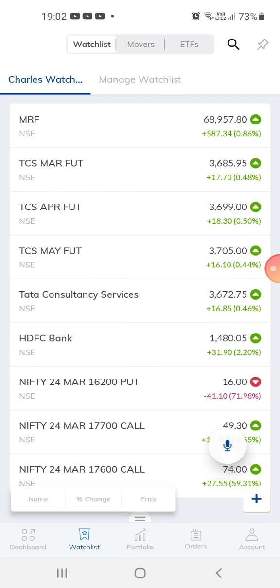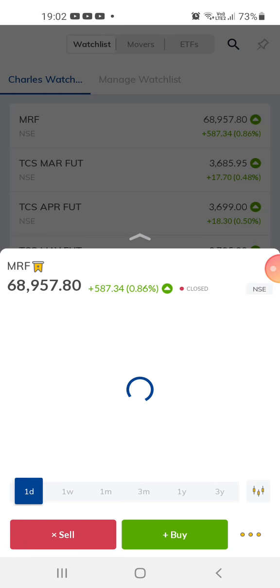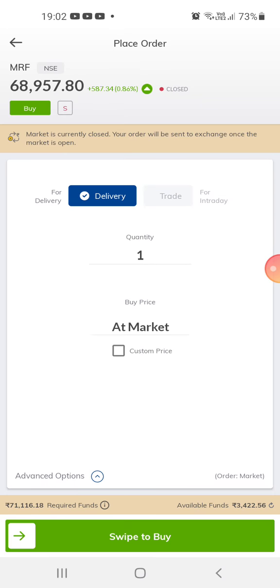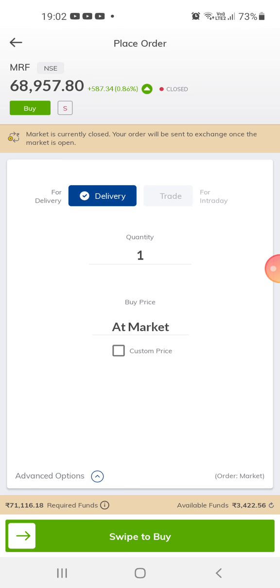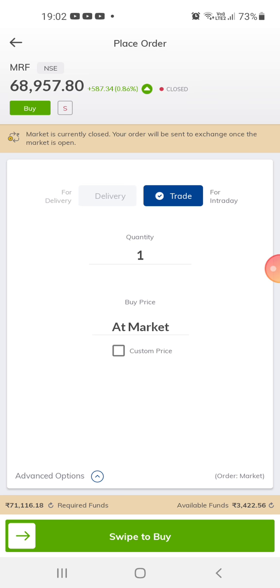This is MRF. This is the normal intraday trading you do. The MRF share price is about 71,000. If you want to buy the share, it's about 71,116. And if you want to trade in this during the day, you can trade in this for 13,805.